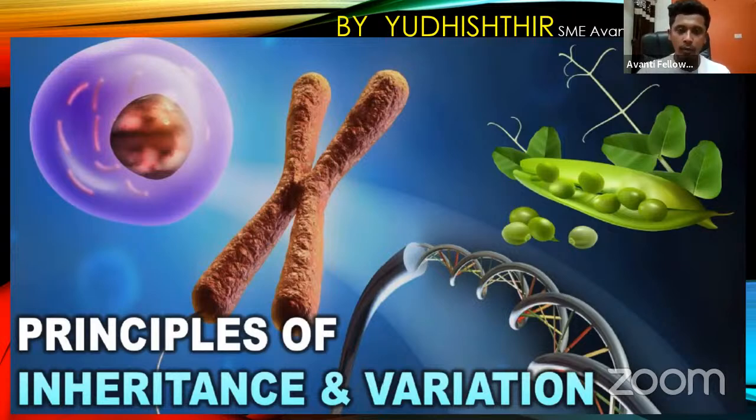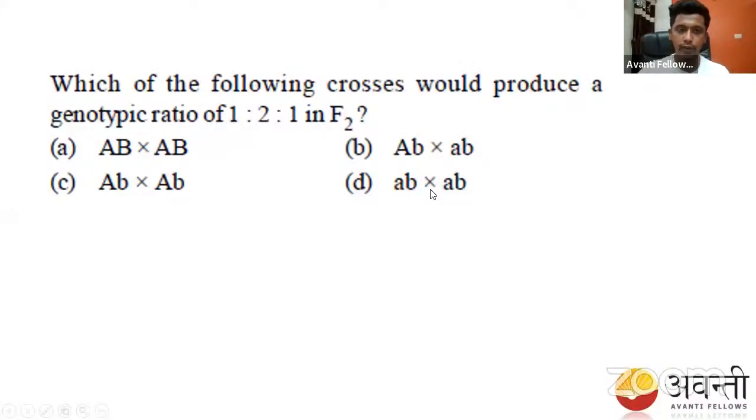Before we head on to the first topic, let us solve these questions. The first question is: which of the following crosses would produce a genotype of 1:2:1 in F2 generation?